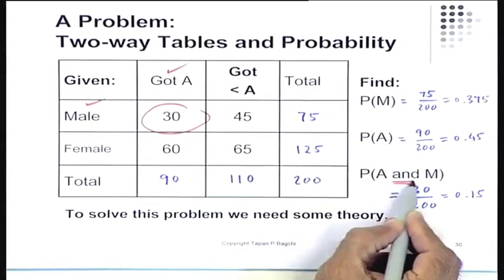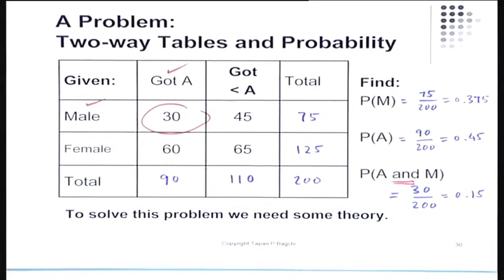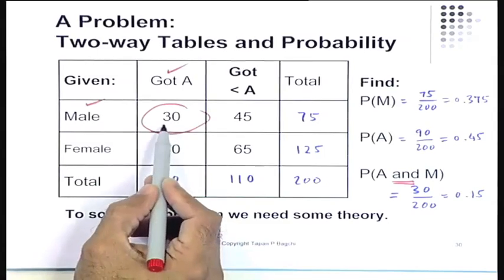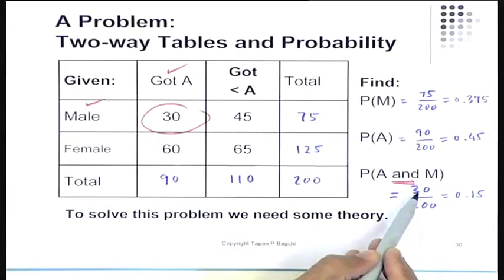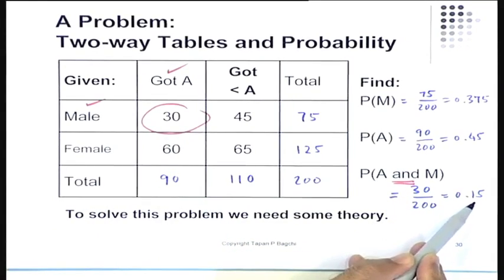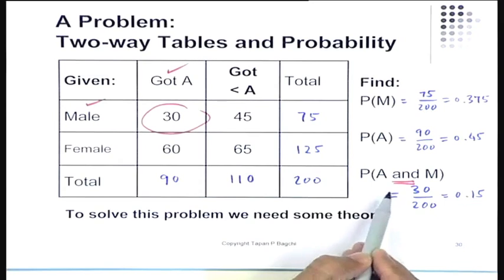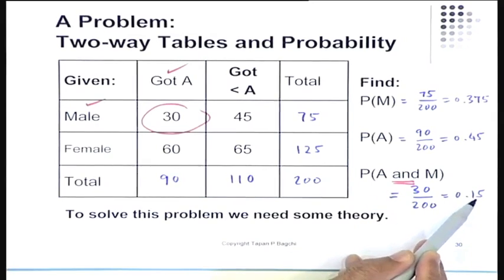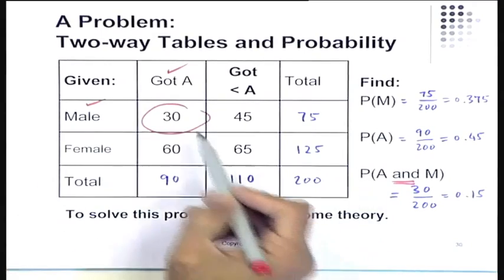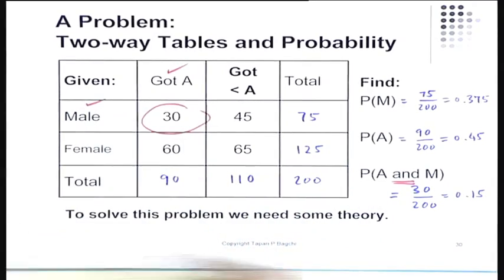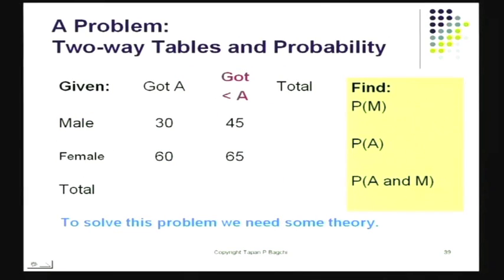Note here, this 'and' is intersection, and that number turns out to be 30. So I divide 30 by 200, which I don't have to use the calculator for. It's a small enough number, that's 0.15. That is the probability of a randomly picked student scoring A and also being male. So that's how we managed to solve the problem, and we have figured out each of these answers.